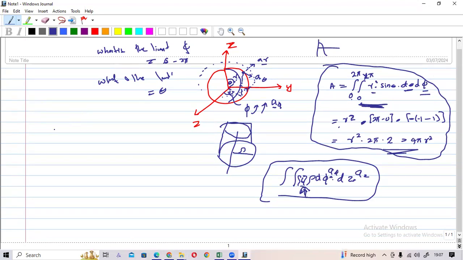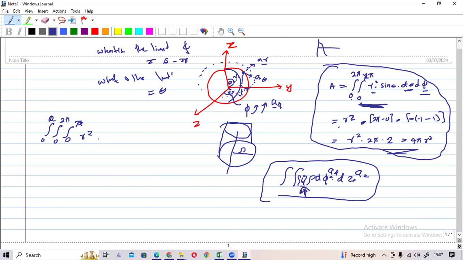And if it is volume charges, for a specific sphere, you need to integrate with respect to R also. Surface into R, so that is from 0 to R, 0 to 2π, 0 to π.